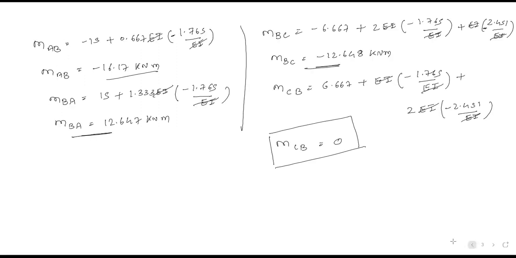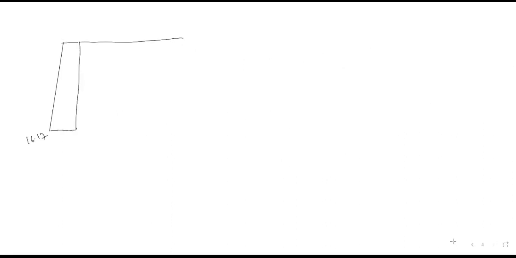This is your 12.647. ओके. सेम वैल्यू यहाँ पे रहेगा. आप नीचे भी ड्रॉप कर सकते हो, ऊपर भी ड्रॉप कर सकते हो. 12.647 फॉर MBC एंड दिस वैल्यू हमने अभी कैलकुलेट किया, वो 0 है CB के लिए.